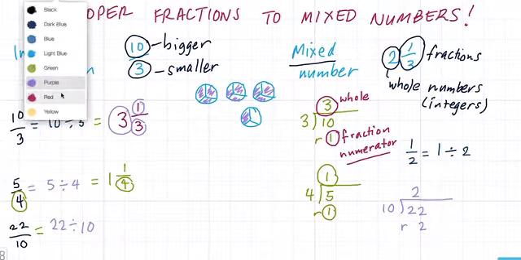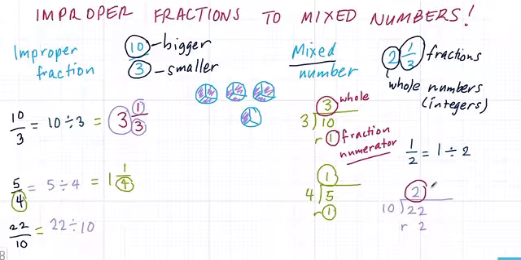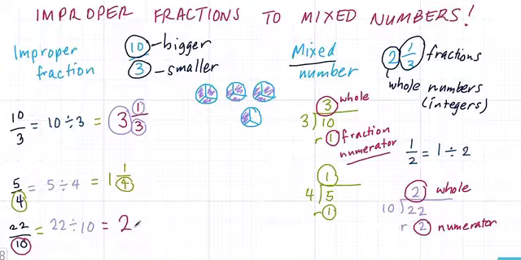So the whole numbers are above, and this remainder is going to be our numerator. You can see it's not always 1, it just happened to be 1 in these ones. So our whole number is 2. Our answer is going to be over 10, and we know we have 2/10.